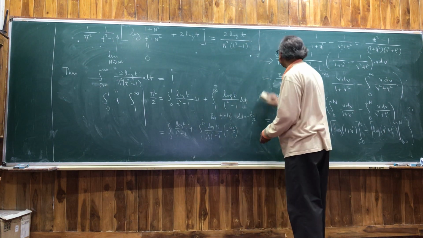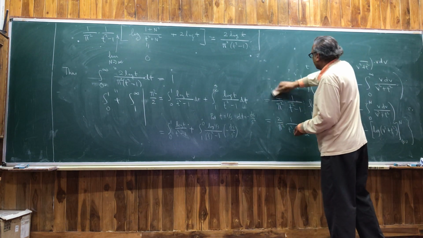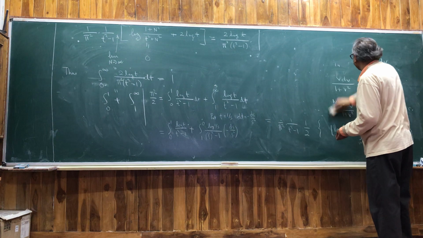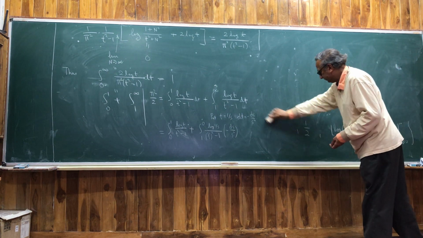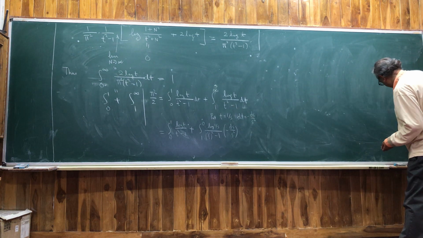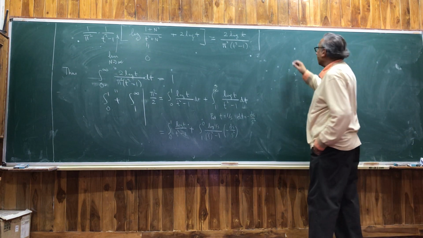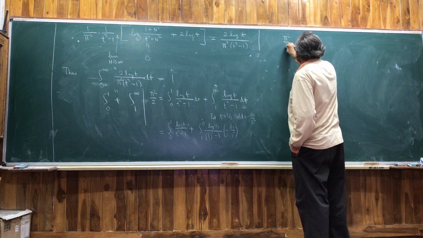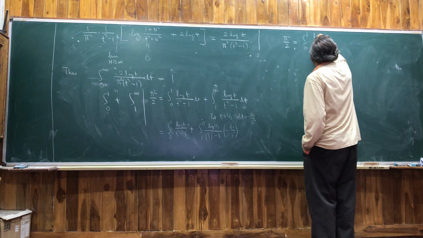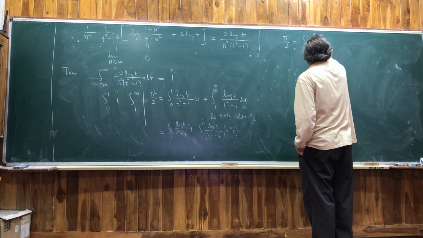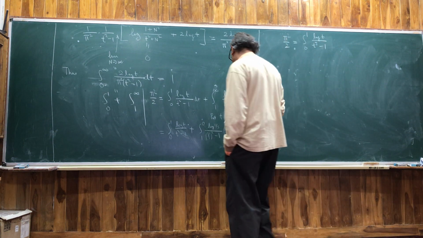Please check my calculations. So what do we get? We get pi squared over 2 equals the integral 0 to 1 of log t over t squared minus 1. And let's look at these signs here.